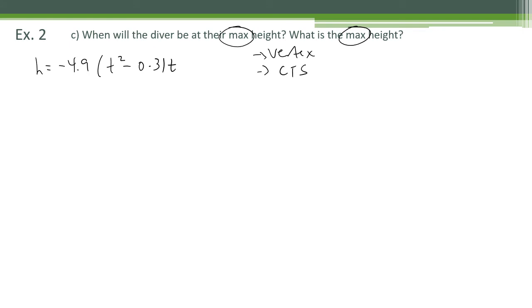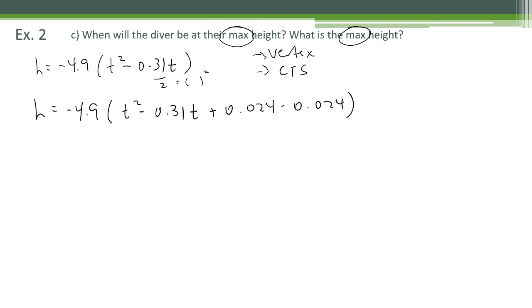We're out of room there, so I'm just going to do this over little steps: divide it by 2, and take that number and square it. Half that, square it, you should get plus 0.024, then minus that, and then plus 17.